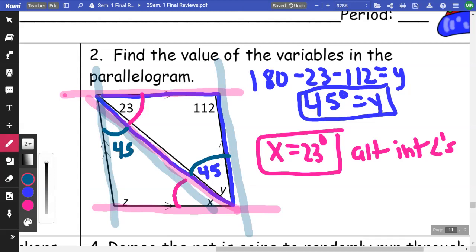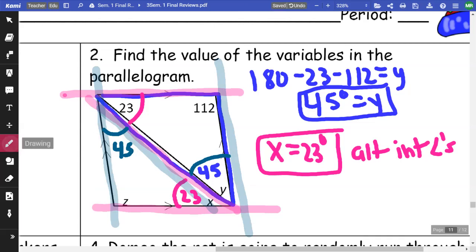And again, we know that this was 23 degrees. So we have to have this one right here being 112. So I know my z is going to be 112 degrees.